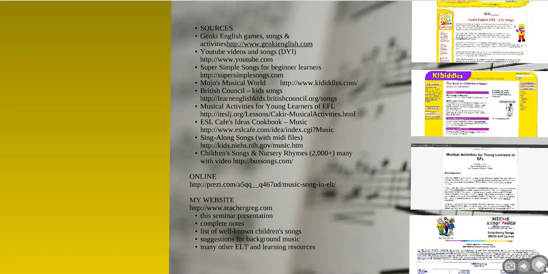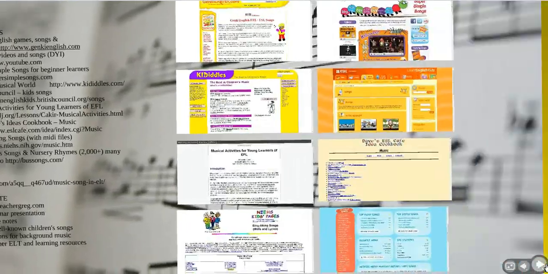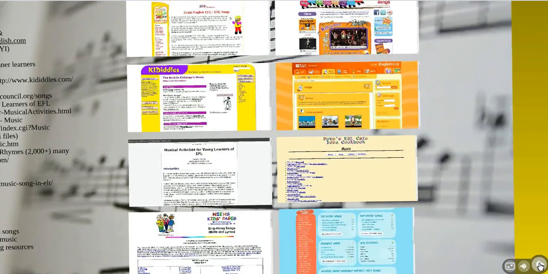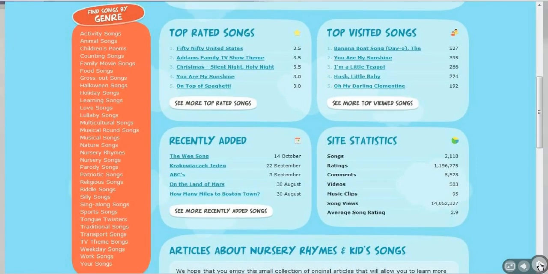You'll see the links and sample home pages of some of the better ones here for you to explore on your own. Bus Songs, for example, has carefully categorized over 2,000 titles, including many with lyric sheets, video, and sound. Some of the other sites incorporate suggested activities and worksheets ready to print.